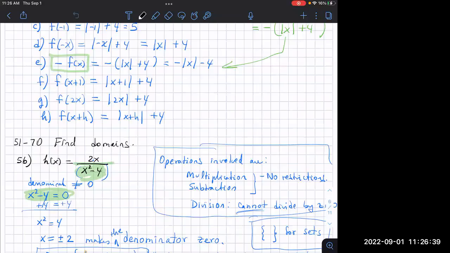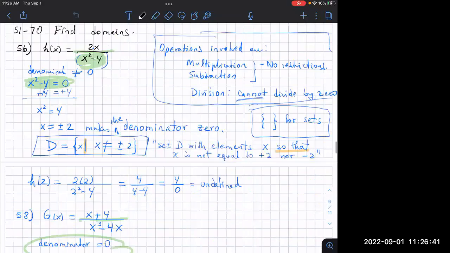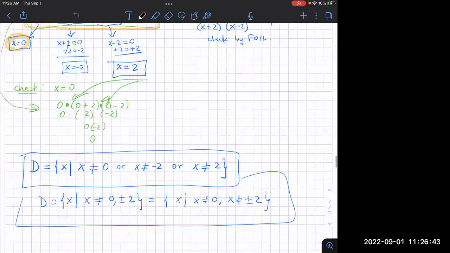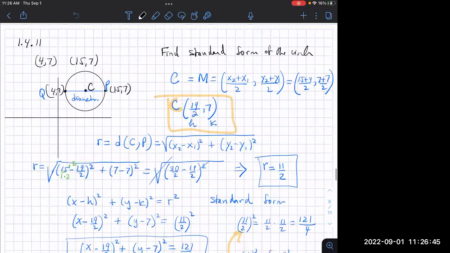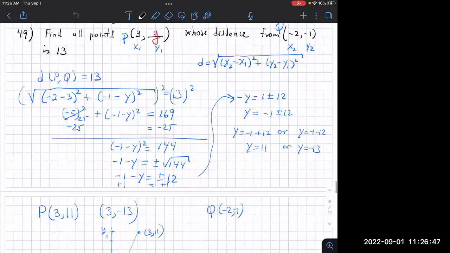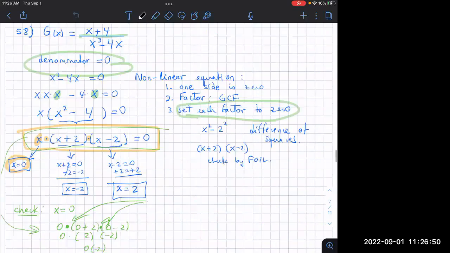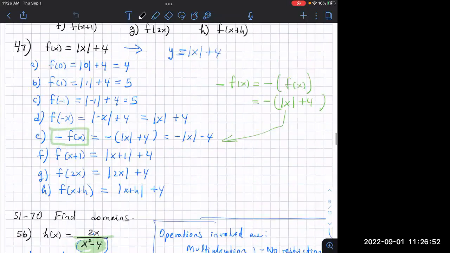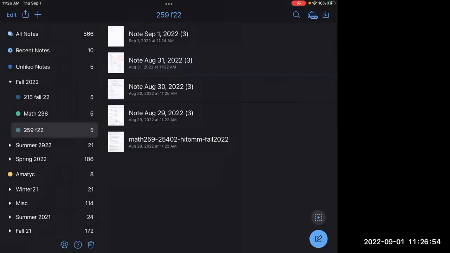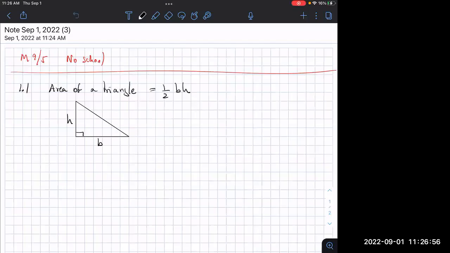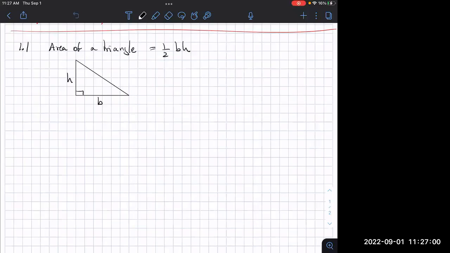Yeah, we did find domains, and that was in office hours. And we did the function notation, okay. So we did function notation. So this is a continuation of 2.1.